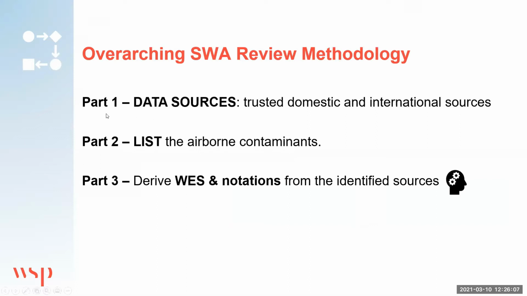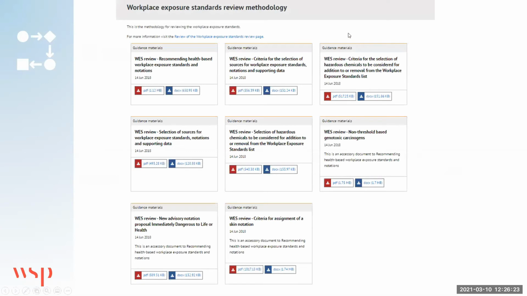The main take home from the overarching review is that there are three parts to the methodology, which I'll discuss a little bit further on. If you go to the Safe Work website, you can find the guidance documentation on all of these.